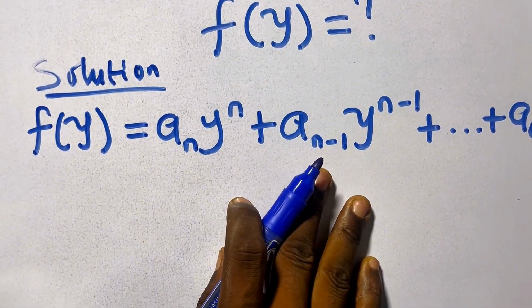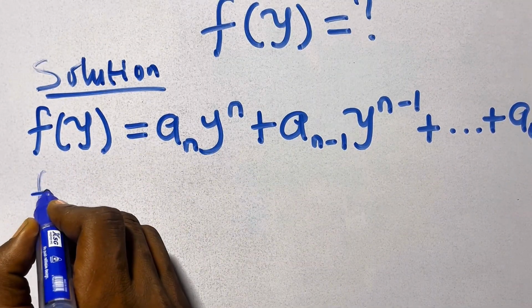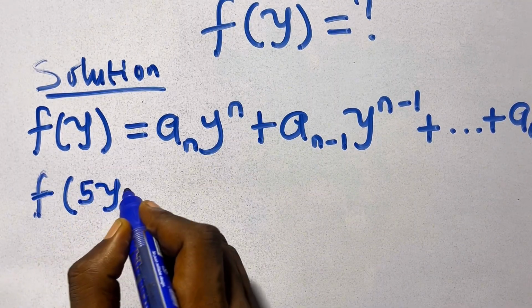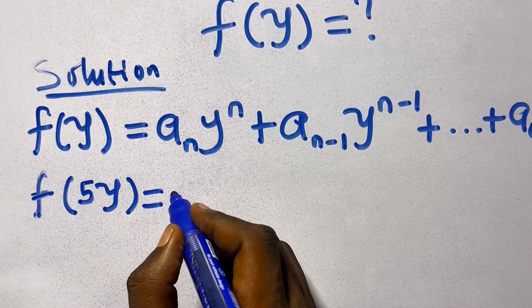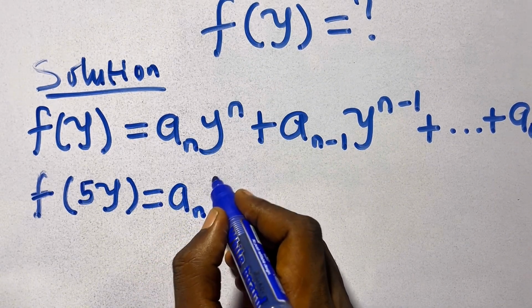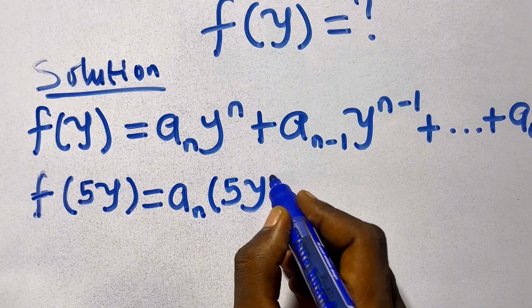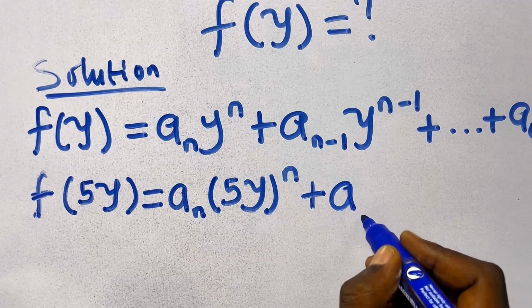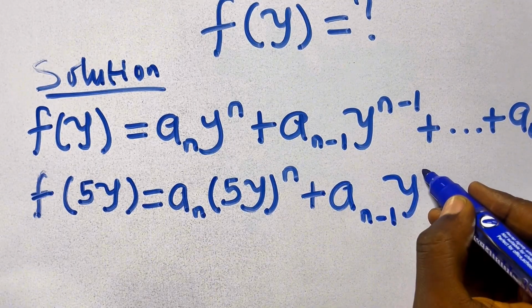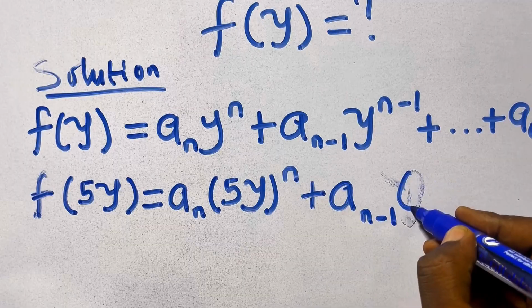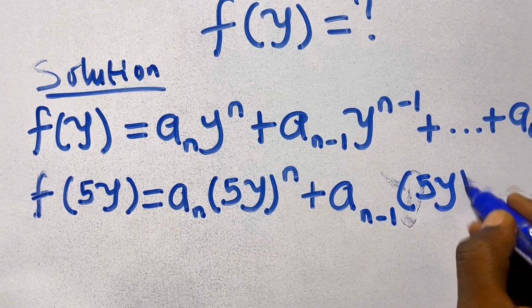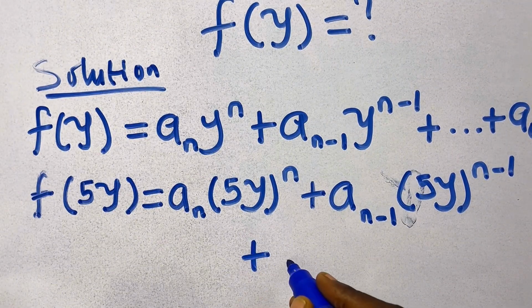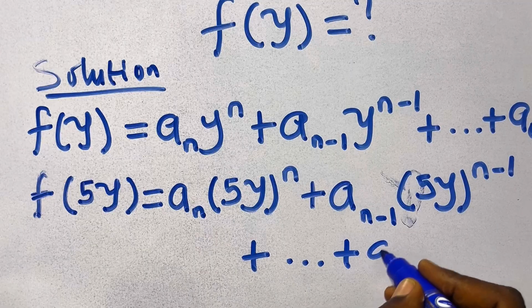All right, so let's first do f of 5y. For this, we are going to have a subscript n, then 5y raised to power n, plus a subscript n minus 1, 5y raised to power n minus 1. Then we have plus, this continues until we have a naught.